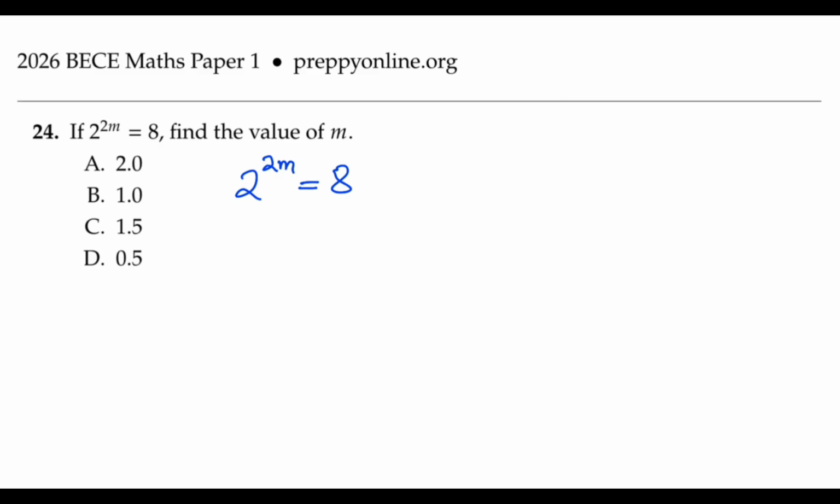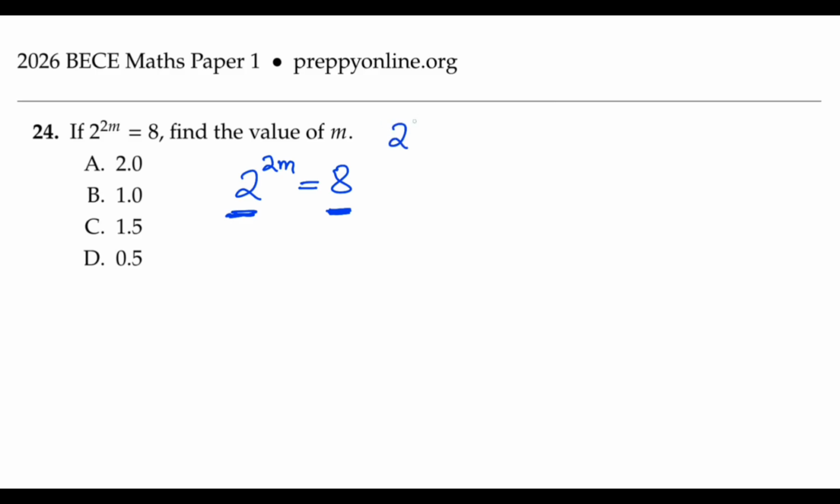So solving an exponential equation or indicial equation like this, we want to write both sides in the same base. So having the base here being 2, we would like the base on the right to also be 2. So what power of 2 is 8? That's the real question.